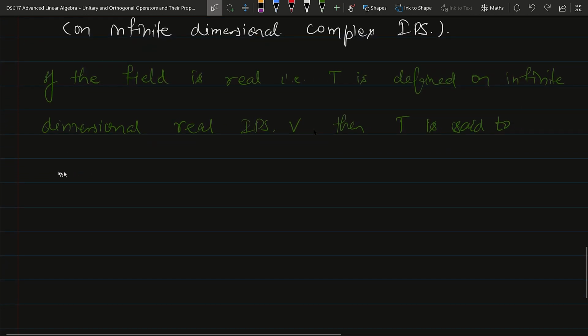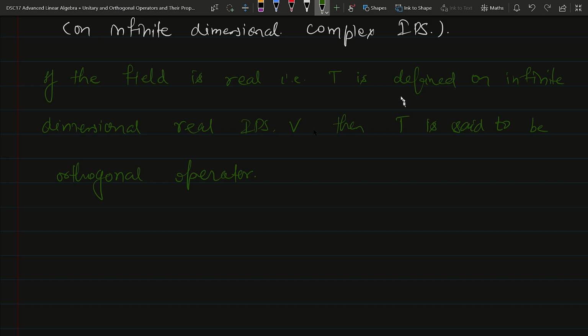Okay, orthogonal operator. Okay, with the same property कि T बाइजेक्शन होना चाहिए और T नॉर्म को प्रिजर्व रखता है.